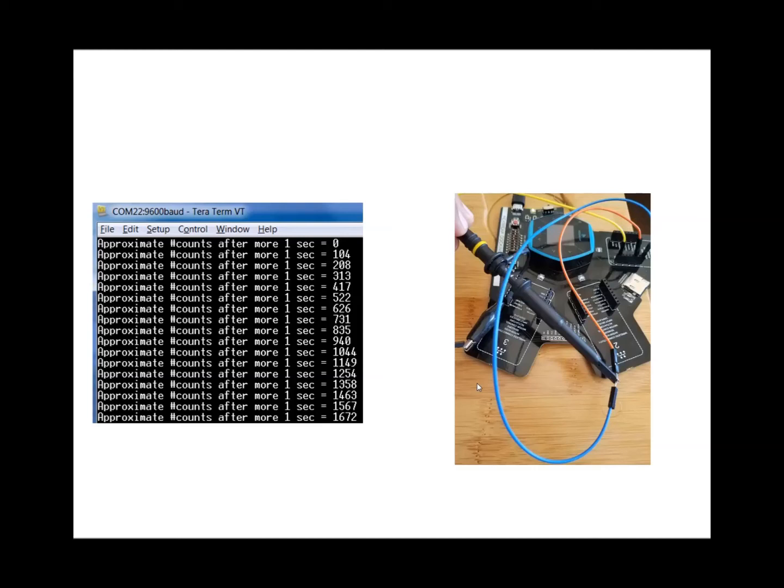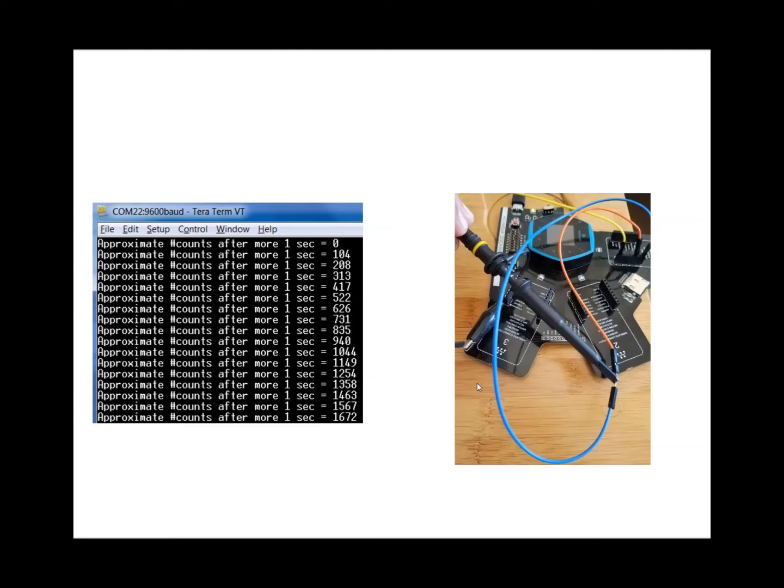Okay, why? I'm just counting here. There is no unit for this count, right?